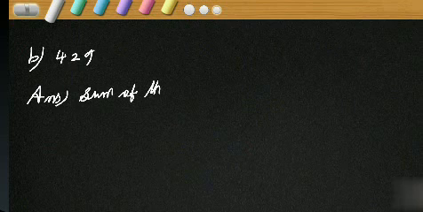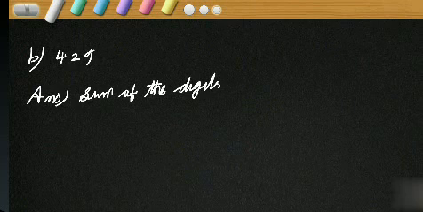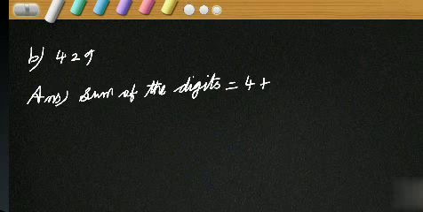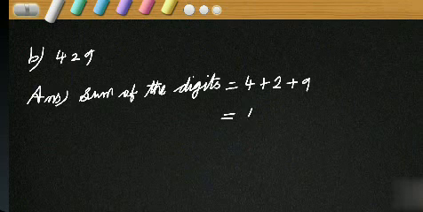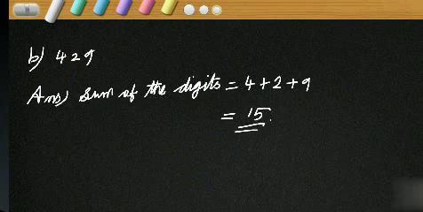Which are the digits of this number? 4, 2 and 9. So sum is equal to 4 plus 2 plus 9. 4 plus 2, 6. 6 plus 9, 15.